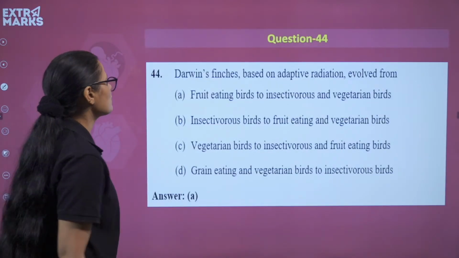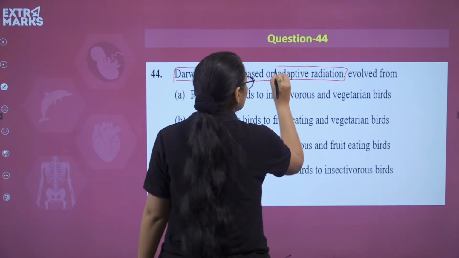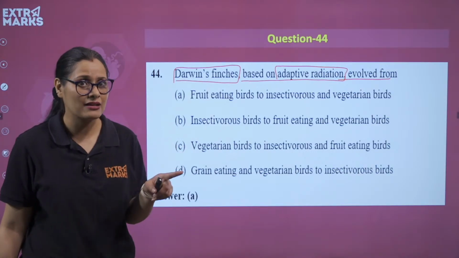The next question 44 says Darwin's finches based on adaptive radiation evolved from. We have seen this, it's a small black colored bird.